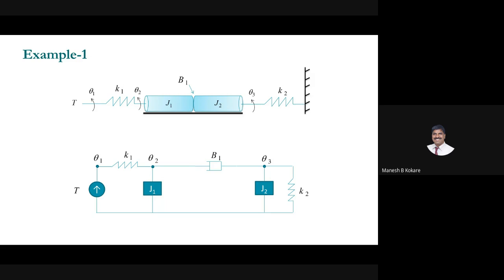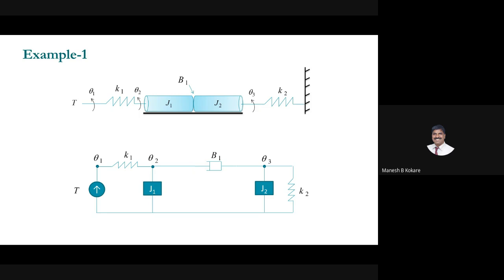Then theta3. The nearest displacement point for J2 is theta3. So one end of J2 is connected to theta3, and the other is connected to the reference, and then one end of the spring element K2 is connected to theta3, and the other is connected to the reference. So this is the nodal diagram of the given example of a rotational mechanical system.